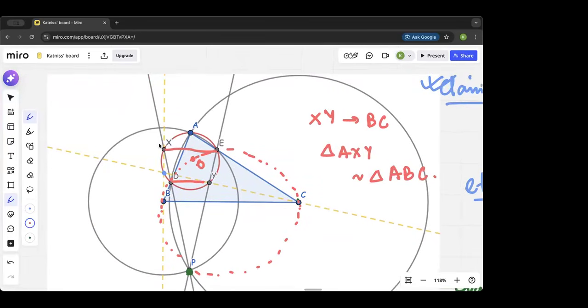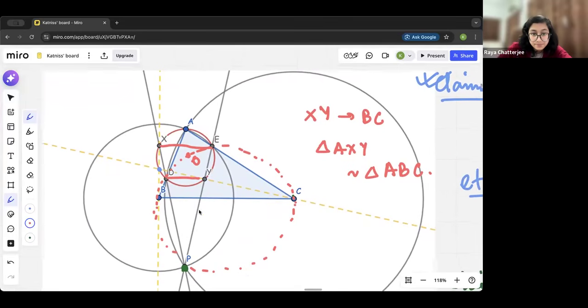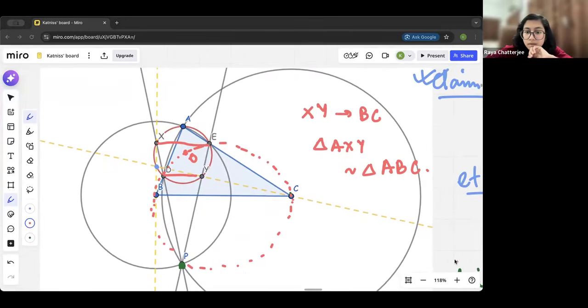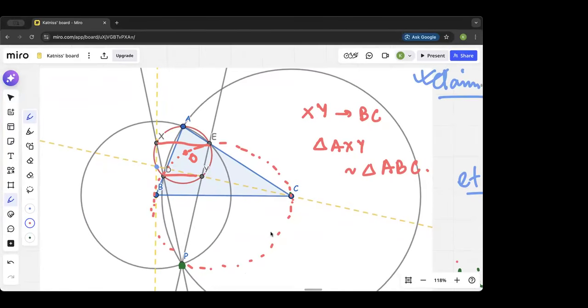I think triangles ABE and ACD are similar. So that means AD over AE equals AC over AB, and angle DAE is a common angle.